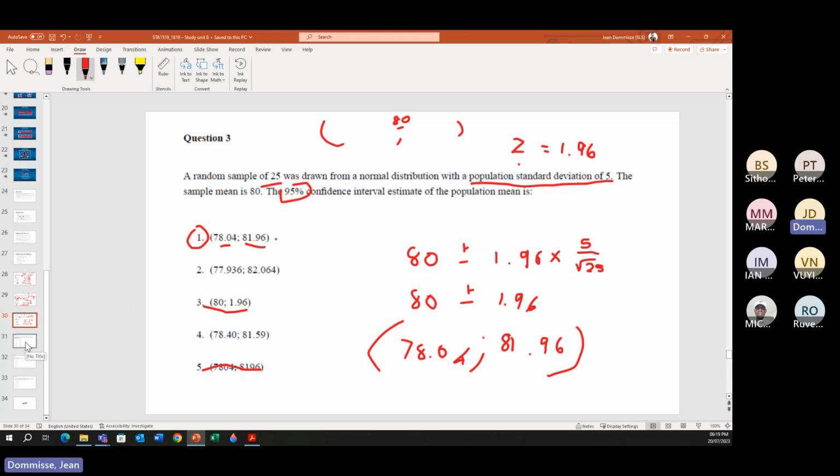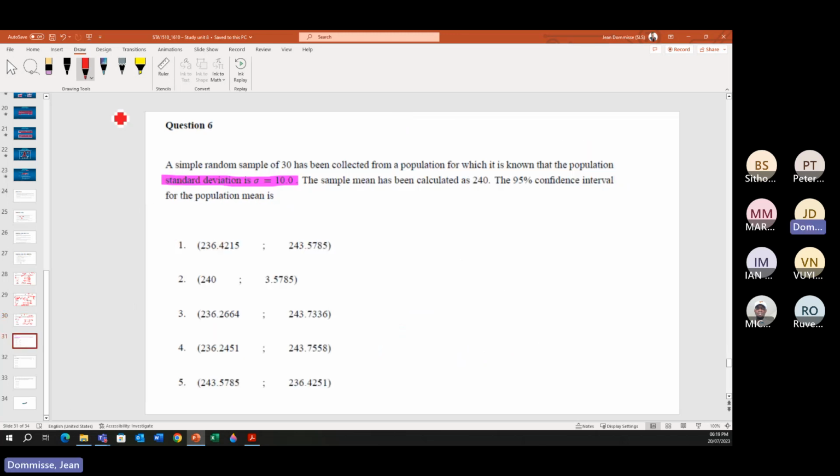Okay, let's look at another one. So let's see what a simple random sample collected from a population of which is known. So I highlighted that, but this is which is known. That for population standard deviation.